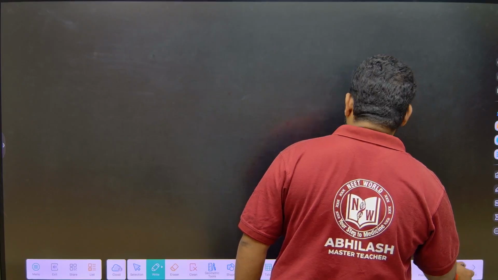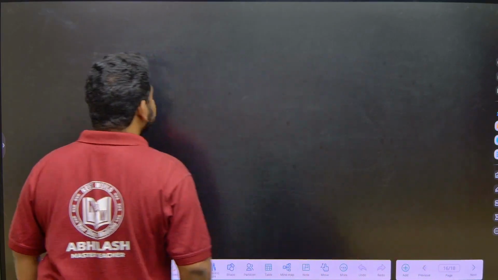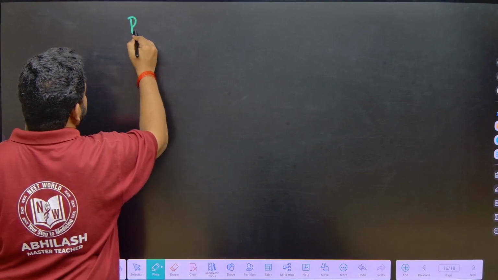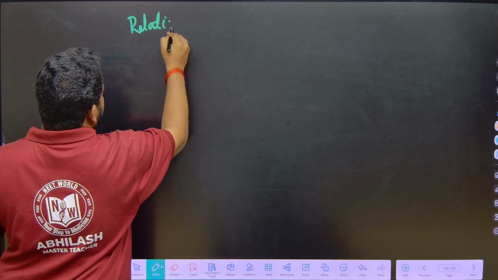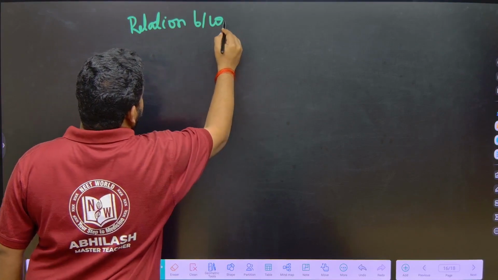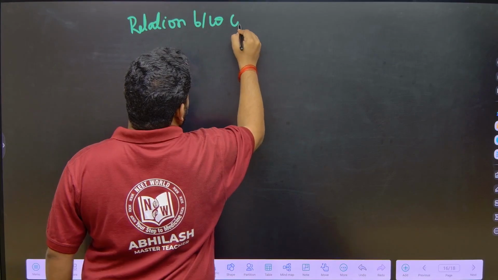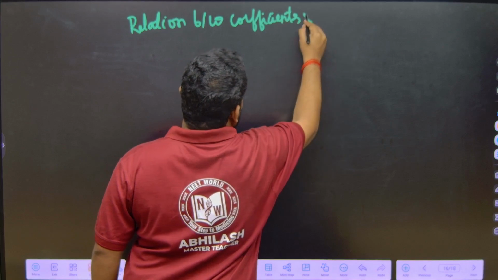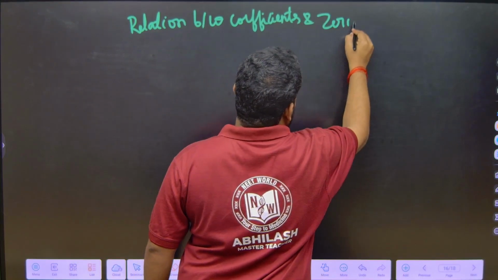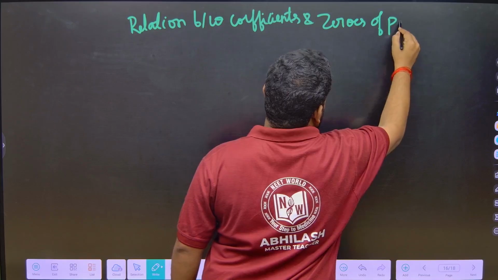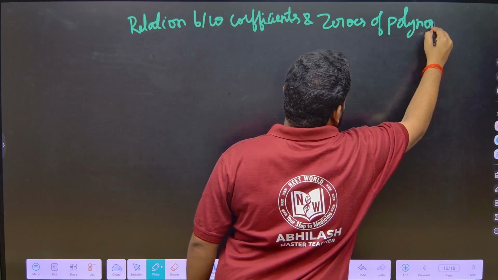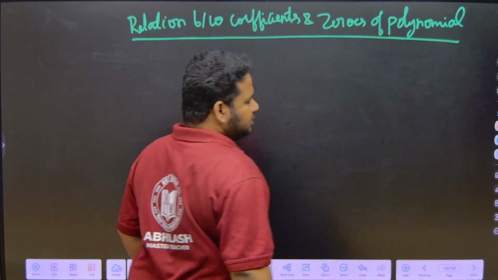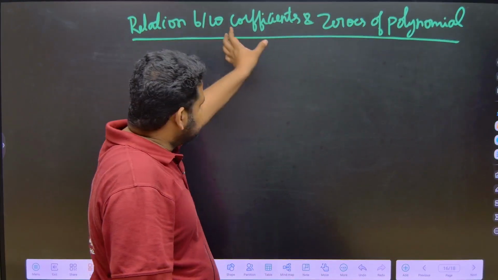In exercise 2.2, you learn the relation between coefficients and zeros of the polynomial.